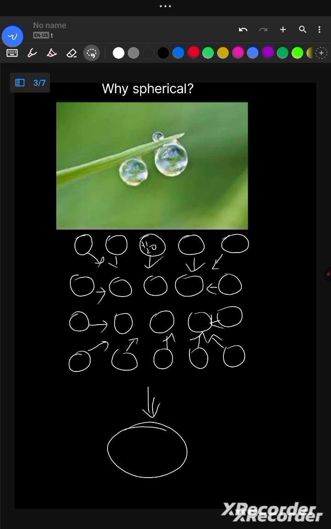Now we have removed all the glass. Will the water stay in the form of a cube? No. Because of the surface tension, the water would form a sphere because it wants to acquire a minimum surface area. So this is the reason why water droplets are spherical in shape.